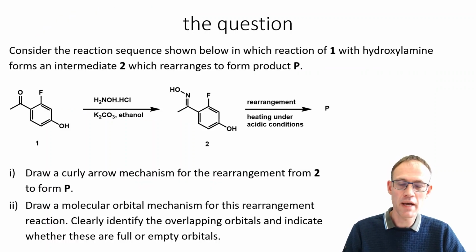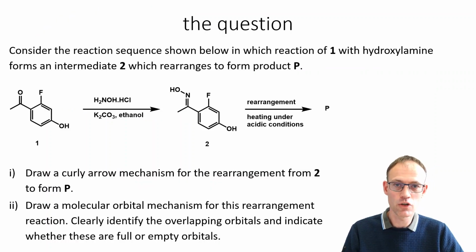I'm going to talk you through the Beckmann rearrangement on the basis of an old exam question that I've previously set. And you see the question over here. A reaction sequence is shown below.